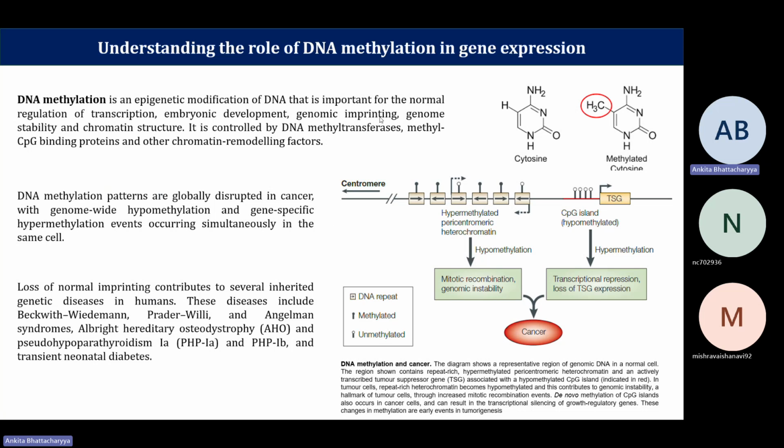Commonly in cancer, DNA methylation patterns can be very extensively disrupted, and genome-wide hypomethylation or gene-specific hypermethylation events can occur within the same cell. So the control can be very different. Many different diseases are also often associated with these improper epigenetic marks that are necessary for normal development and sustenance of cells.